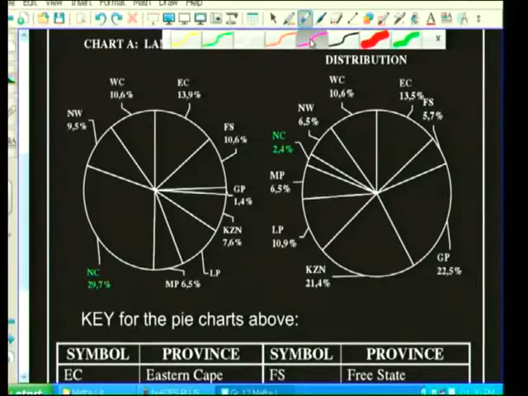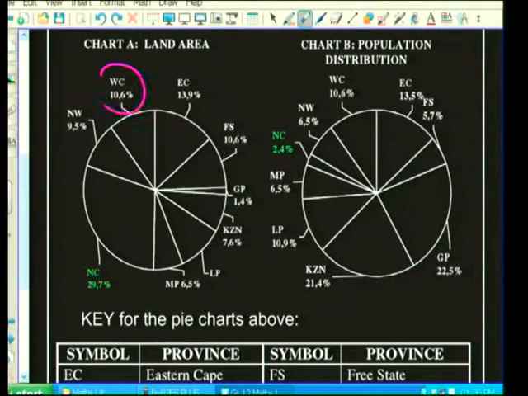So we need to work logically. We're going to go through each one and see where it is. I've got the Western Cape is 10.6, and the Western Cape is 10.6. The Eastern Cape, that's 13.9. That's not it. The Free State, that's not the same. Gauteng Province, not the same. KwaZulu-Natal, neither. So you need to go through each one.